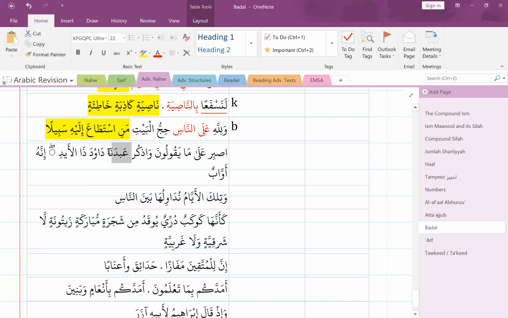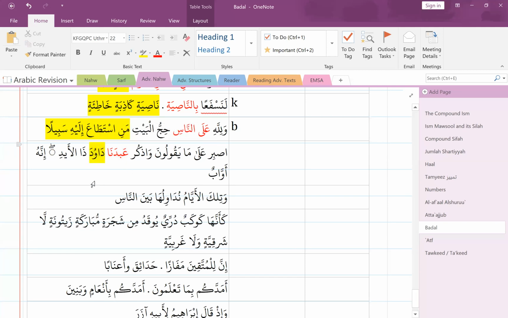There's عبدنا داود. So إنه أواب will be the badal. Actually, إنه أواب is a new sentence. Okay, so in اصبر على ما يقولون واذكر عبدنا داود, عبدنا will be the mubdal minhu, and داود will be the badal.